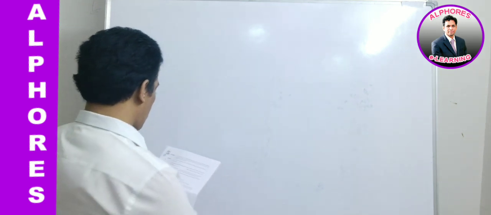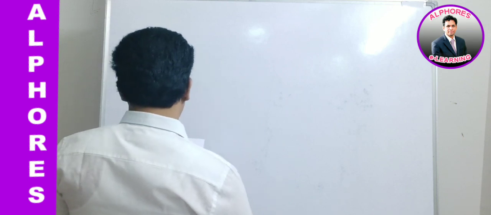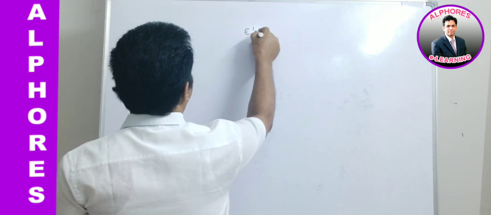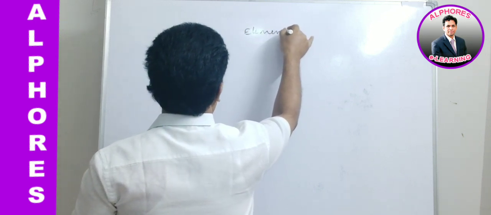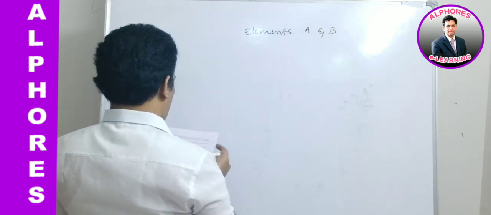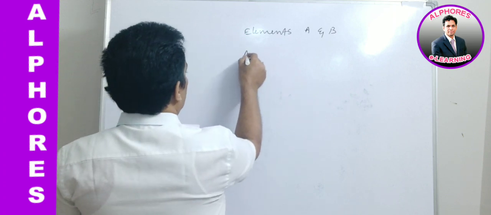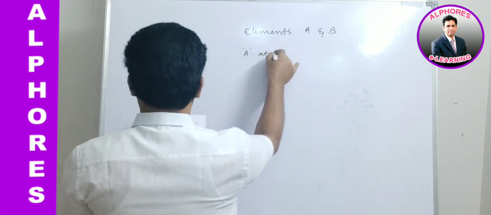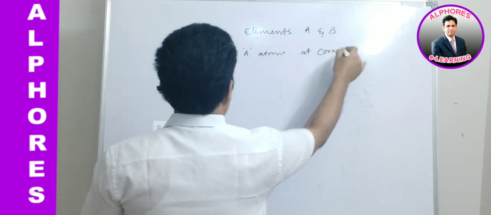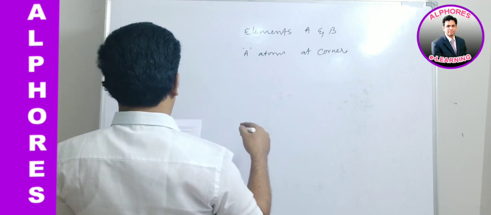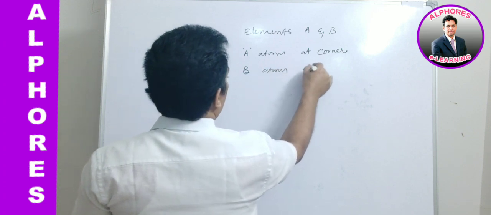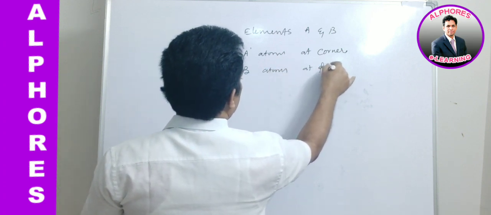The first numerical I provided to you is: a compound is formed by two elements A and B, and of that, A element atoms are at corners, and B element atoms are at face centers.